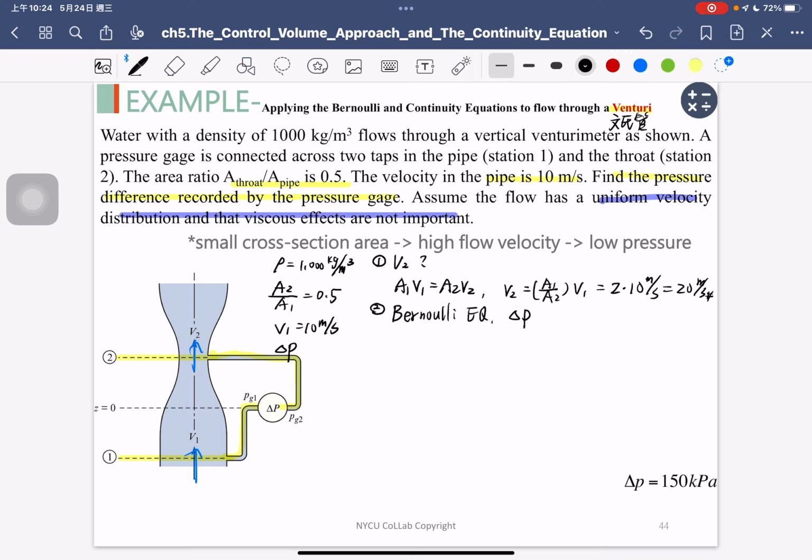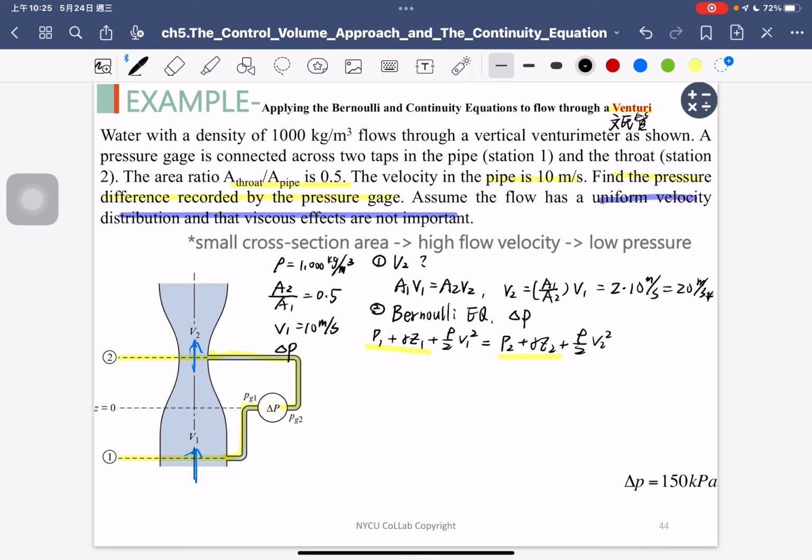As you remember, the Bernoulli equation: P1 plus gamma Z1 plus rho over 2 V1 squared will equal P2 plus gamma Z2 plus rho over 2 V2 squared. This is the piezometric pressure at location 1, and this is the piezometric pressure at location 2.